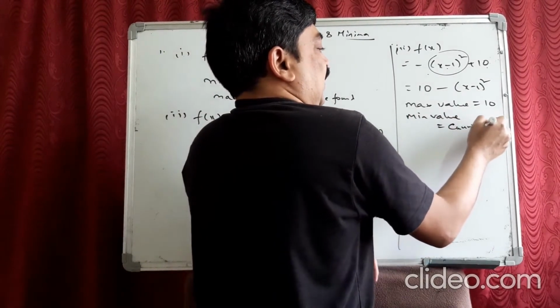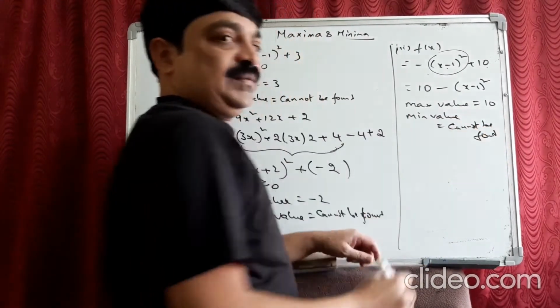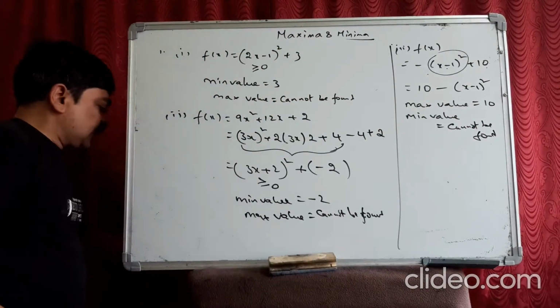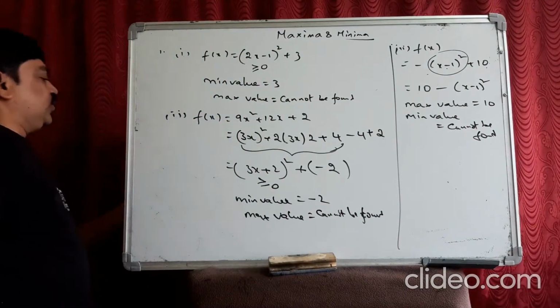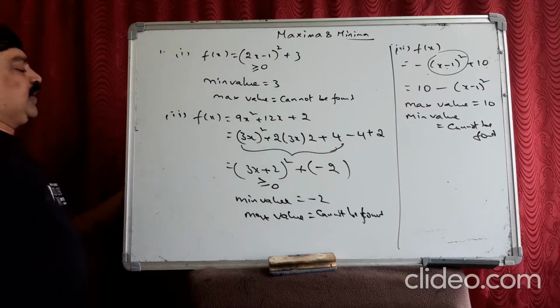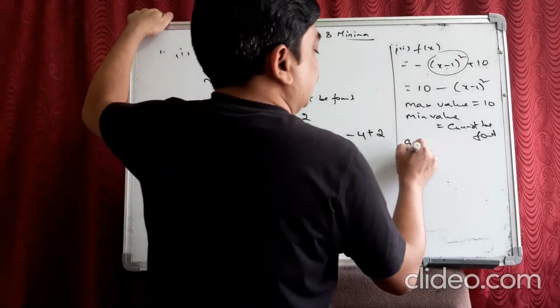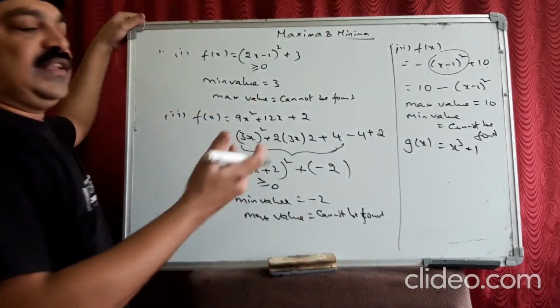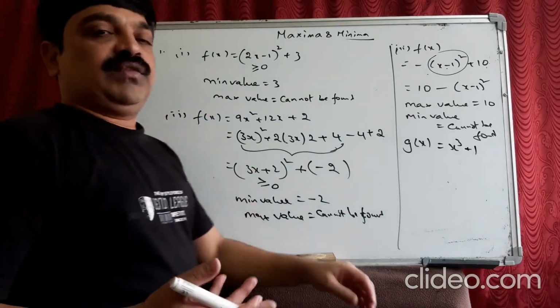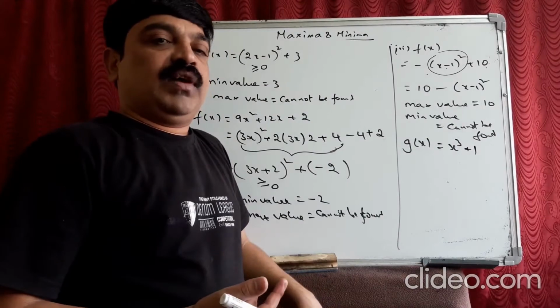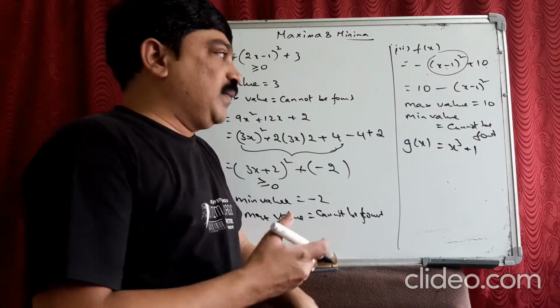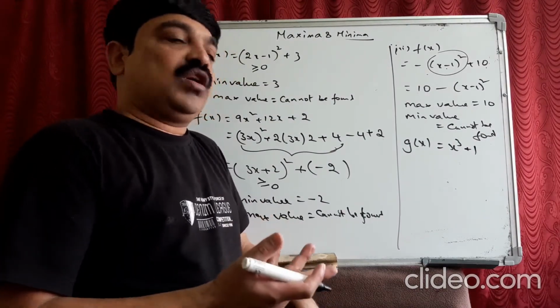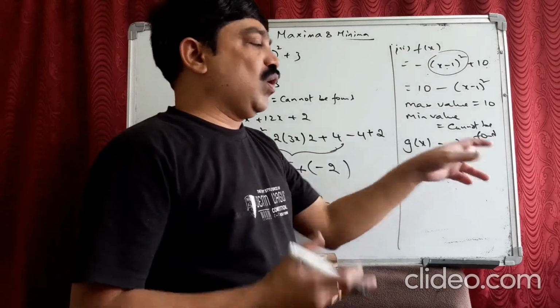Cannot be found. Understand? The next question, g of x equal to x cube plus 1. So for this function, what happens? Can we have a maximum value or a minimum value? No, we will have neither maximum nor minimum, because it will keep on oscillating.